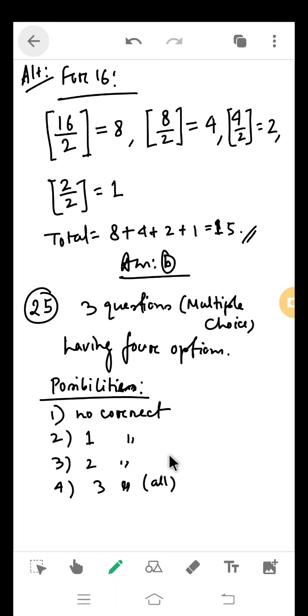Is it? So this is the case that you don't need. You have to find out fail to get all correct means these 3 cases you have to consider. Fail to get all correct. That means except this, all the 3 cases are favorable of getting fail to get all correct. So this is one way you can go for it.